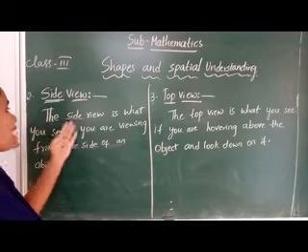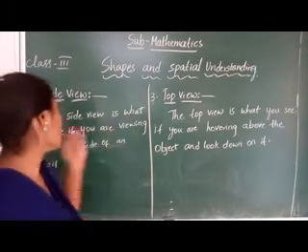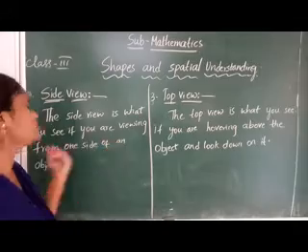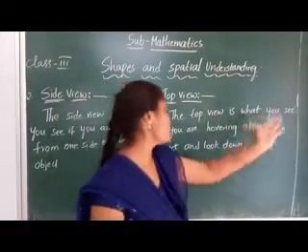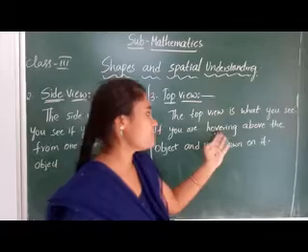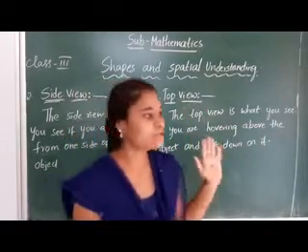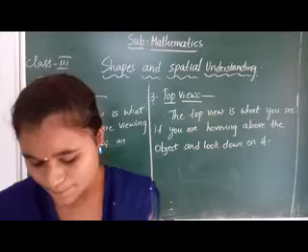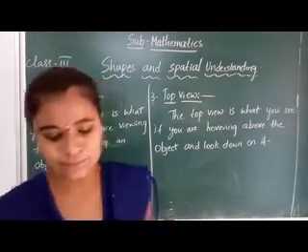The side view is what you see if you are viewing from one side of an object. The top view is what you see if you are hovering above the object and look down on it. These are the views. These you will write in your MCW.